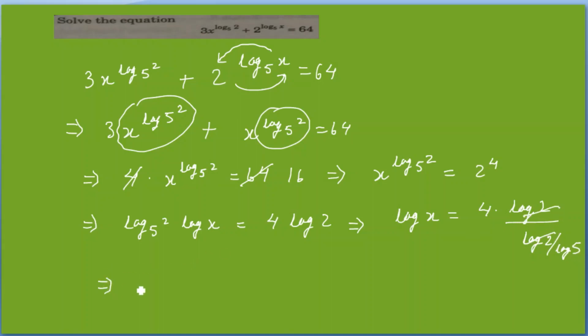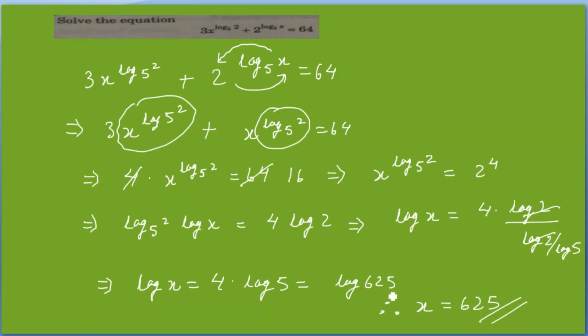So next we get log x is equal to 4 times of log 5, or it can be written as log 5 raised to power 4, which is 625. Hence our answer is value of x is 625 by comparing these two values.